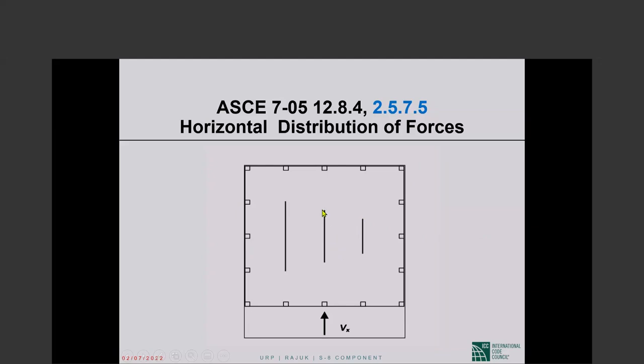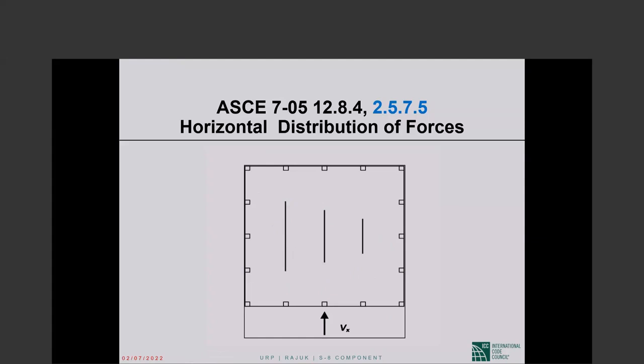It takes 3 units of force to do the same thing to this shear wall and 4 units of force to impart unit interstory drift to that shear wall. Then each of the 2 frames will get 1 share of V sub x. This will get 2 shares, this will get 3 shares, this will get 4 shares. Okay, so in proportion to the relative lateral rigidities.